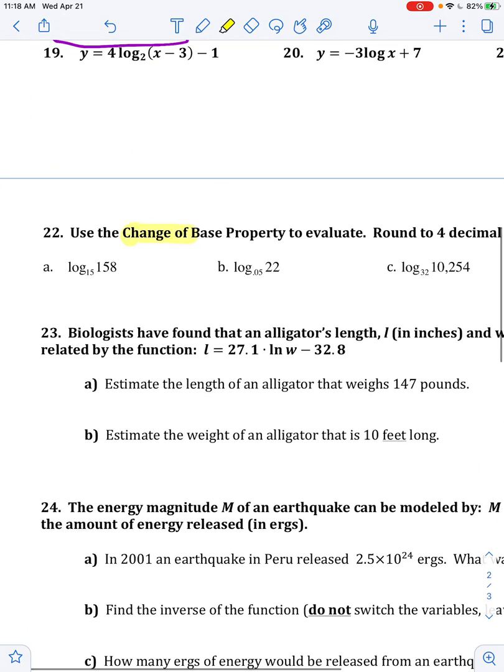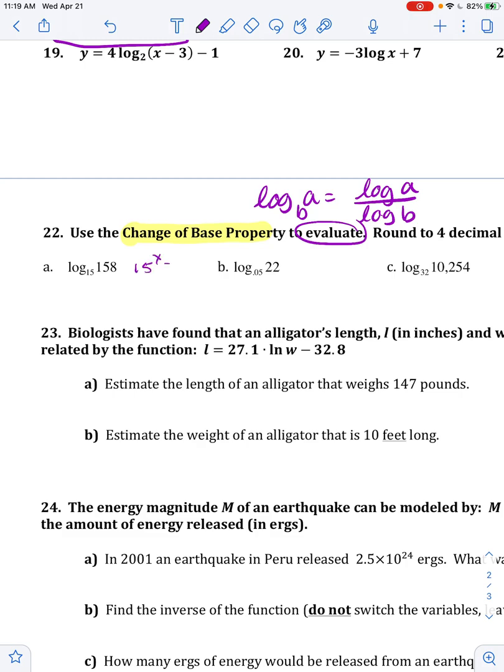Change of base property is the one that I touched on really briefly a couple of times. If you have a log base b of a number, you can split that into the log of the first or top number over the log of that bottom value. So to evaluate, this means I go on my calculator. This is asking 15 to what power is 158. I have no idea.